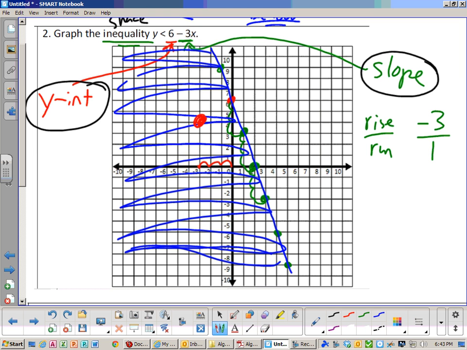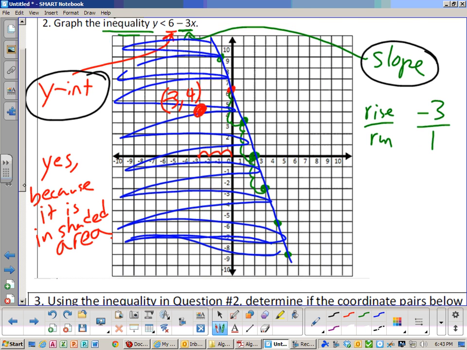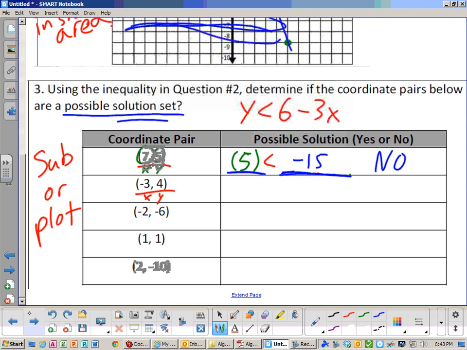Here is the point, negative 3, 4. All right, so yes, it is a solution because it is in the shaded region. If it's in a shaded area, it's an answer, right? Then it is yes.